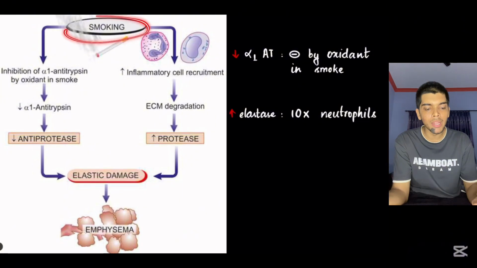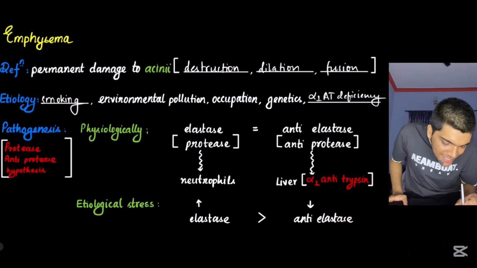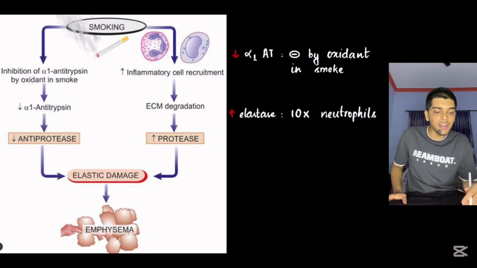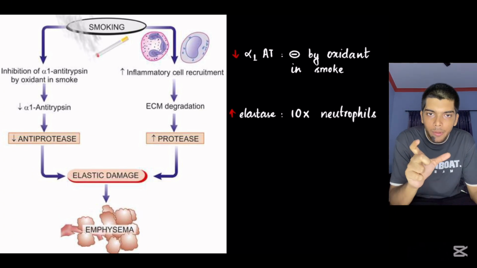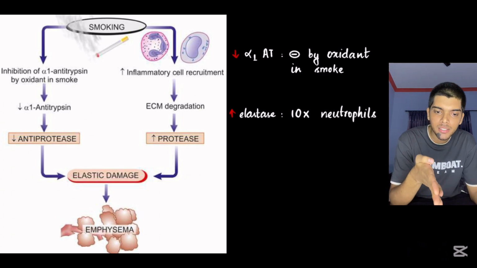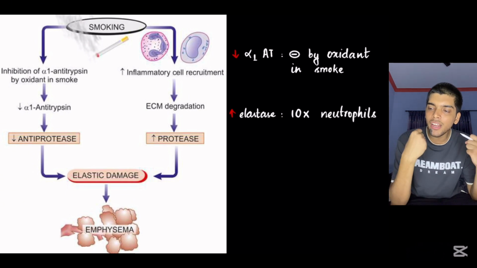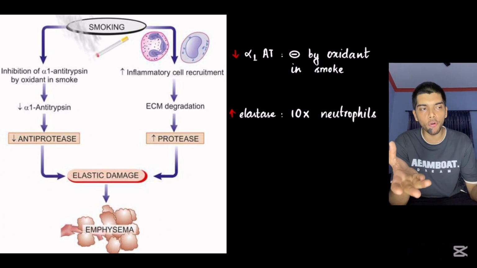First, smoking. Smoking does both. It increases elastase, and it also decreases anti-elastase. How? Smoking applies stress in the acinus, resulting in inflammation, and due to inflammation, there is recruitment of inflammatory cells, which obviously include neutrophils.